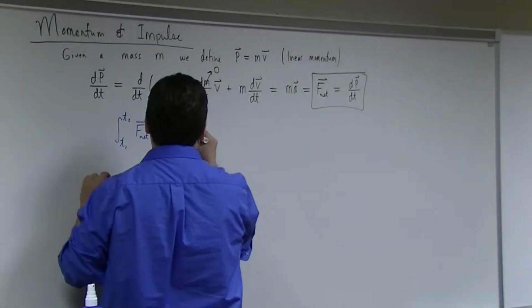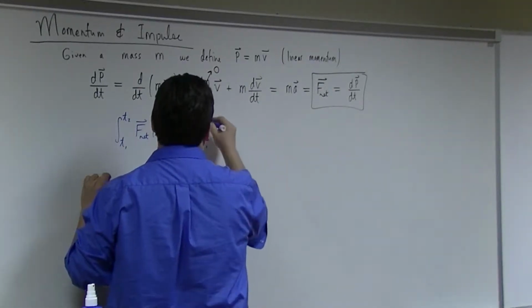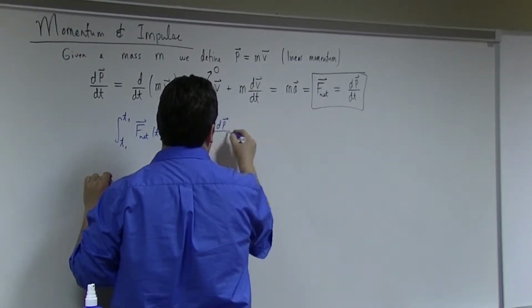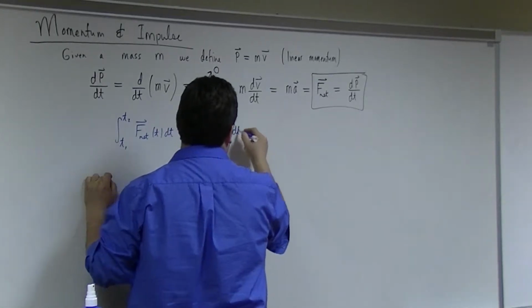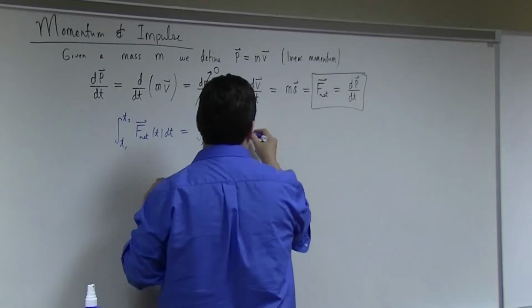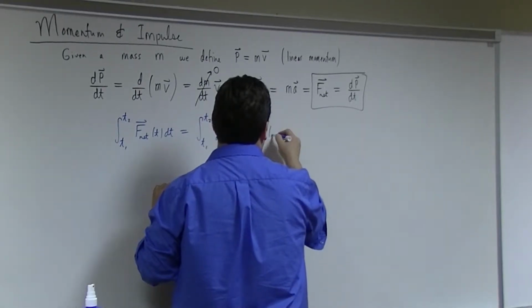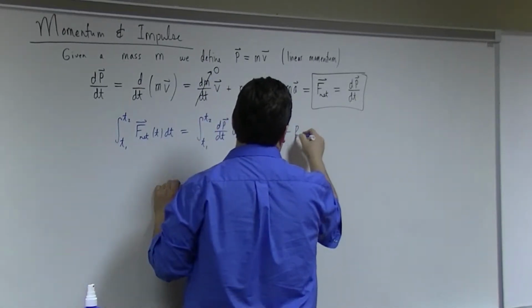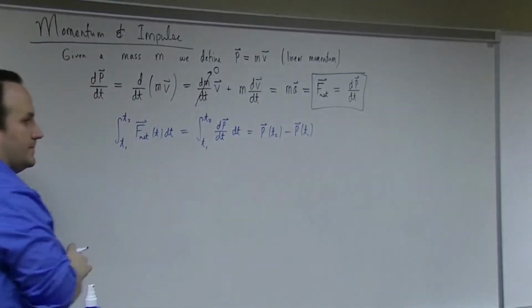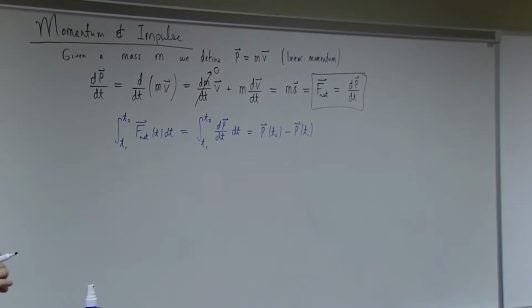Well, that will be equal to the integral from t1 to t2 of dp/dt dt, which would just give me p of t2 minus p of t1.